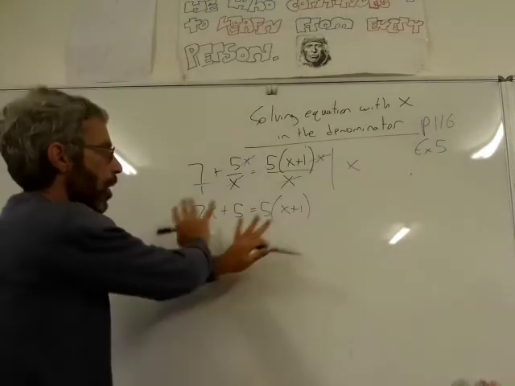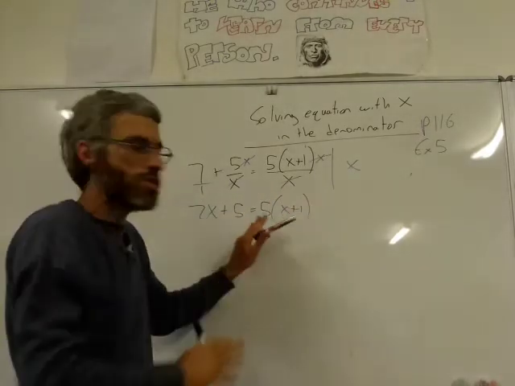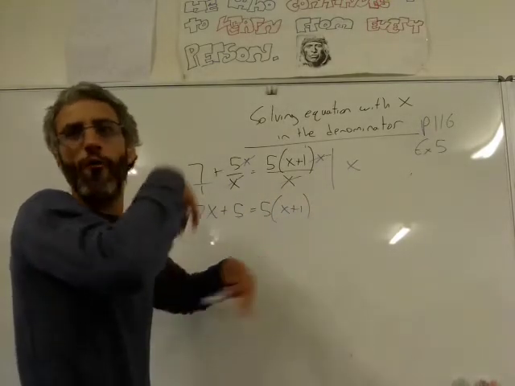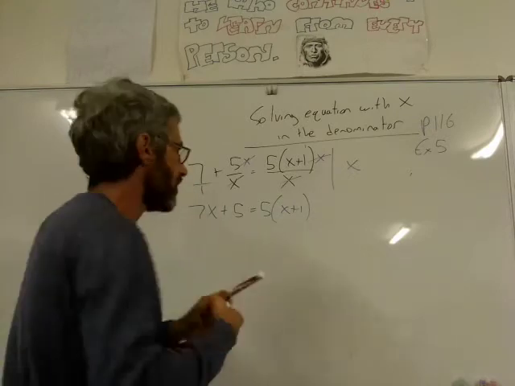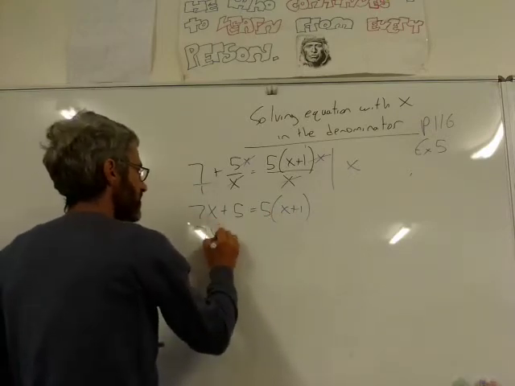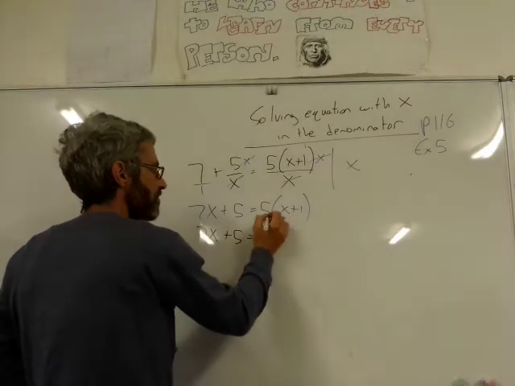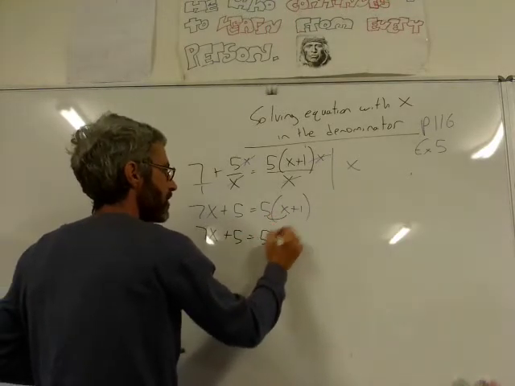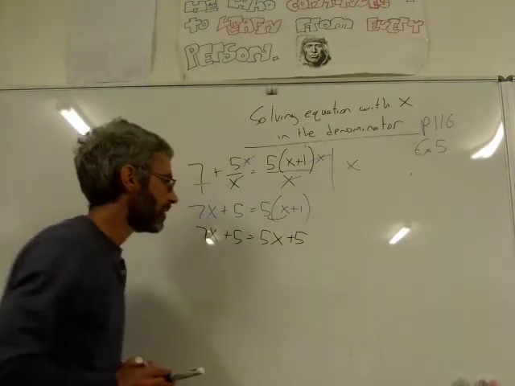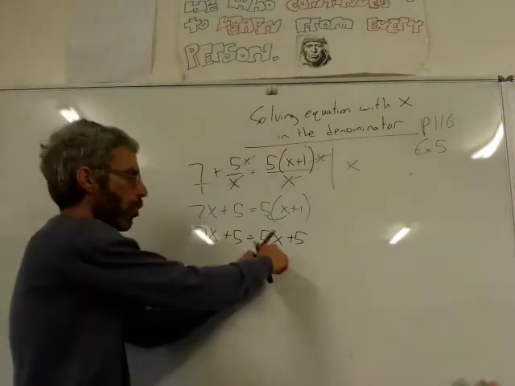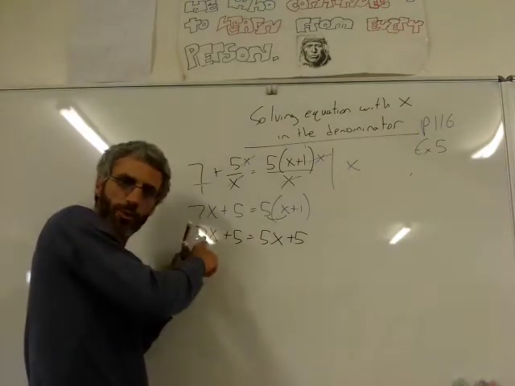Now, before we start moving anything, remember I told you to simplify. That means in this case, foil the brackets. So it'll be 7x plus 5 equals 5x plus 5. Now, let's move all the x's to where there's more of them, which is on the left side.